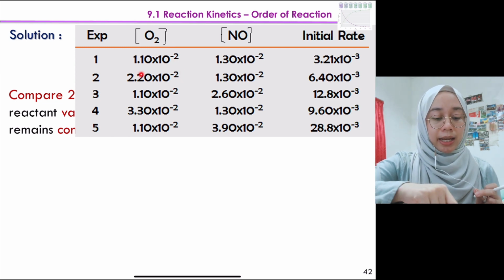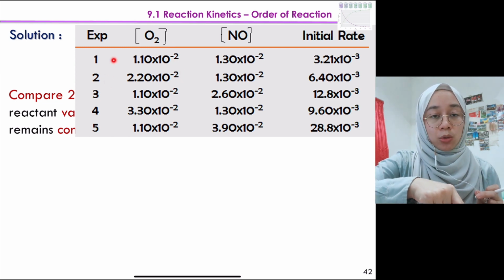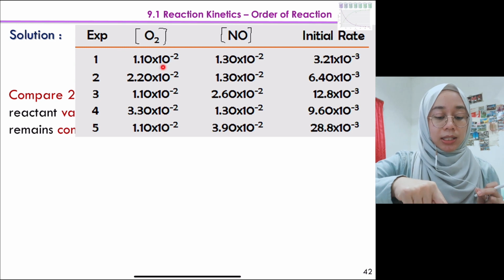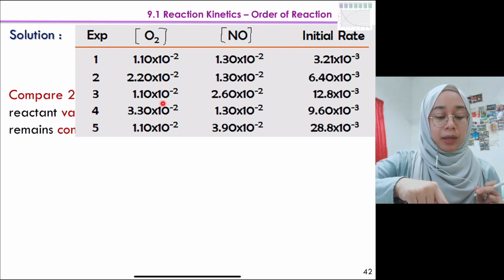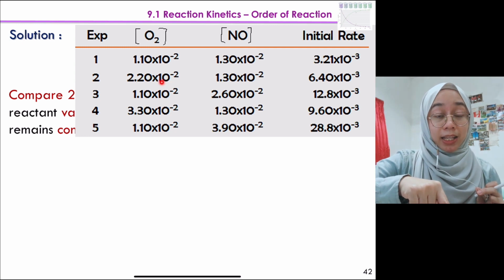Okay, so in this case boleh tak kita compare 2 dengan 1? Boleh, because oksigen punya concentration berbeza untuk dua eksperimen ni, tapi untuk NO pula sama, so boleh. Okay, tapi what about 3 and 2? Okay, kalau kita tengok oksigen pula macam boleh sebab berbeza kan, sebab kita nak cari dia.